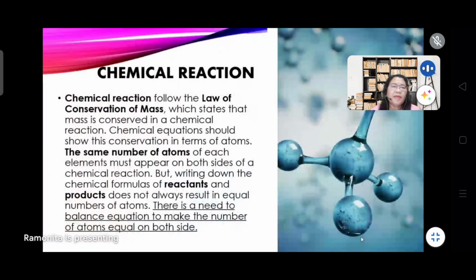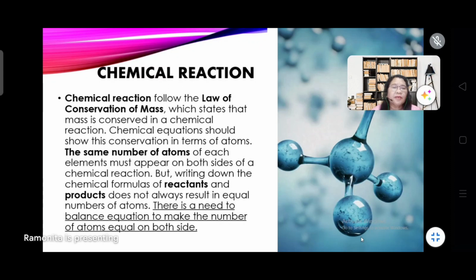A chemical reaction follows the law of conservation of mass, which states that mass is conserved in a chemical reaction. A chemical equation should show this conservation in terms of atoms. The same number of atoms of each element must appear on both sides of a chemical reaction.